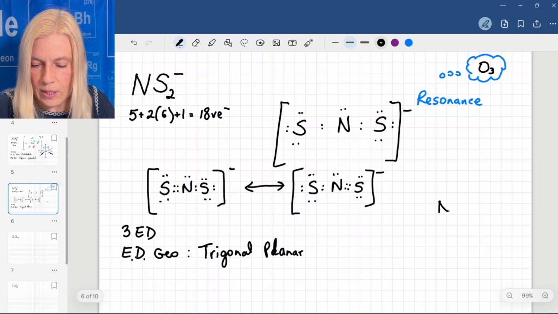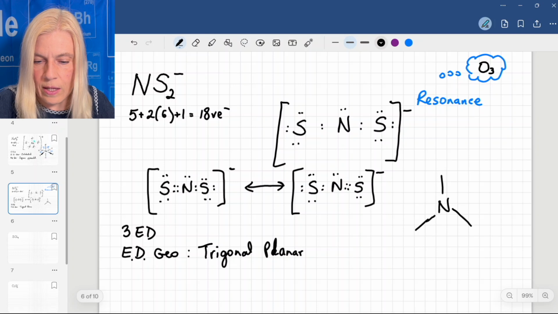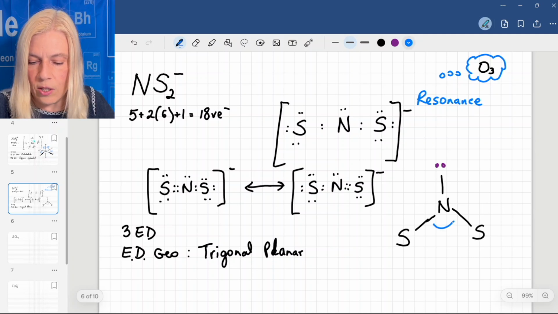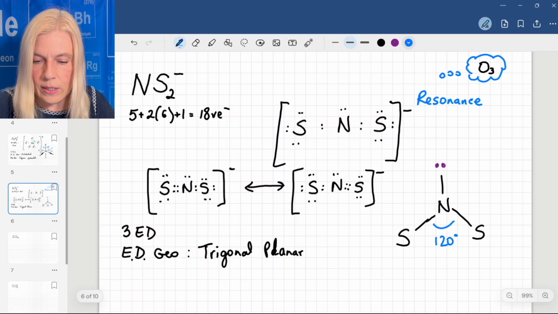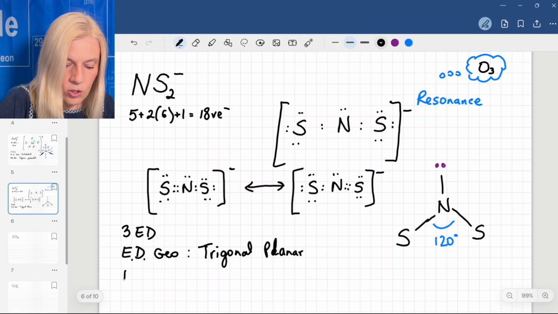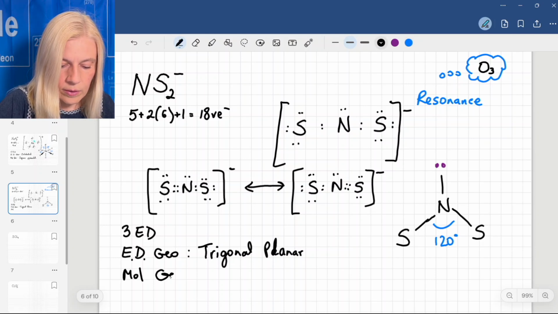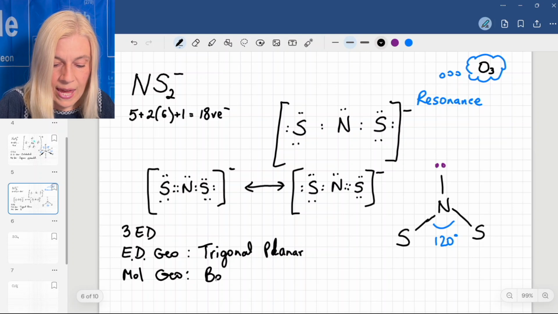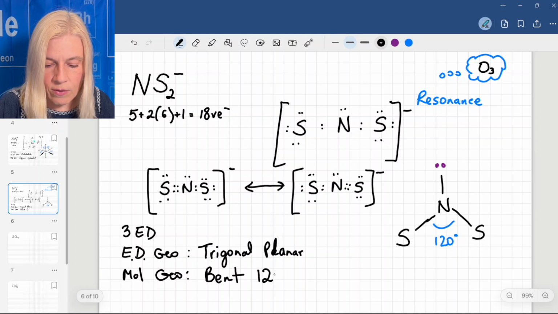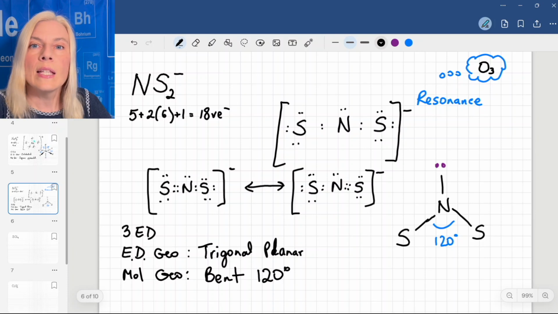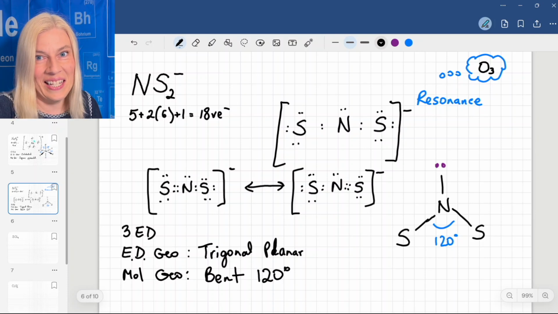So here is nitrogen, 3 electron domains, and here is my lone pair, and then sulfur here, and it's trigonal planar, so 120 degrees apart. So my molecular geometry is going to be bent, and remember you have to write which bend. It's the bend with 120. How are we doing? All right, I think so.